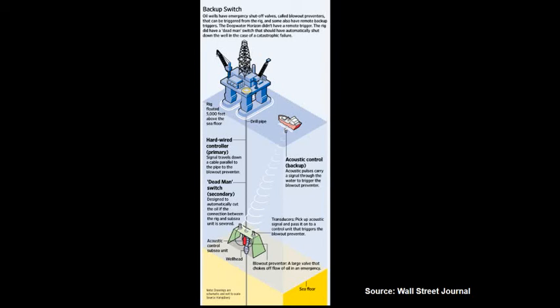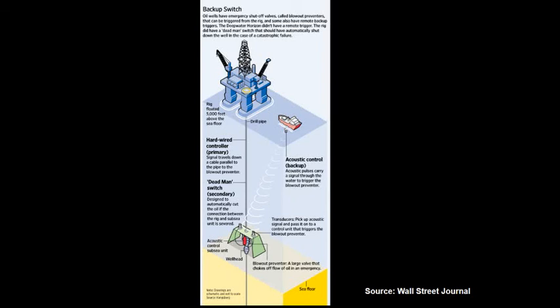Basically they were unable to shut off. They were supposed to be able to shut off an uncontrolled release, and basically gas got up and caused the fire on top in the drilling rig, and then they were unable to shut it off at the base.